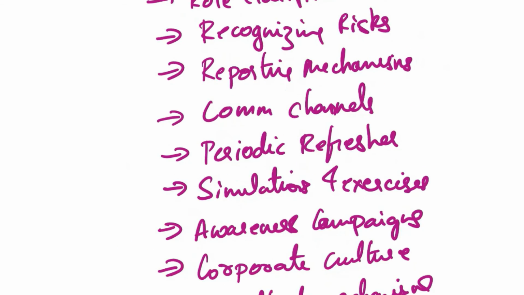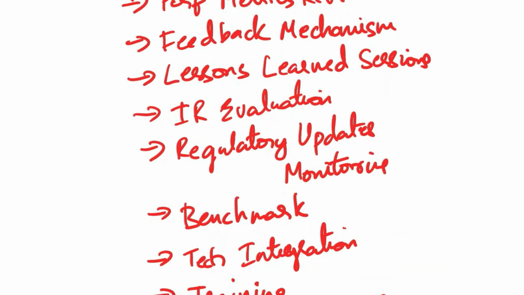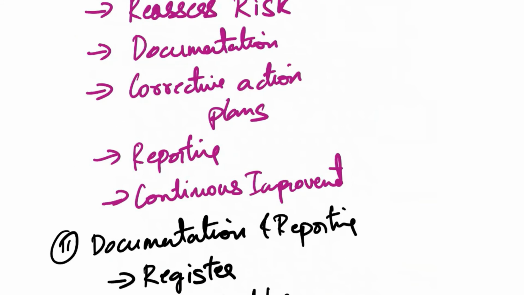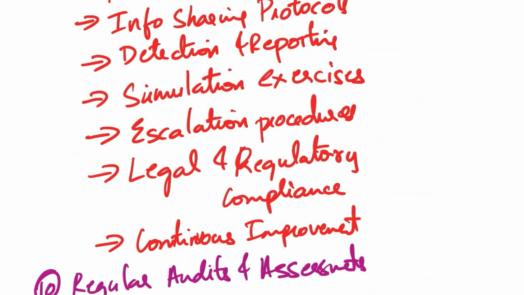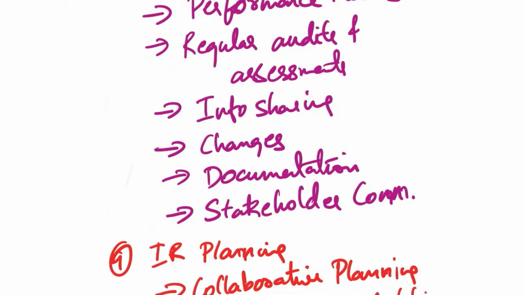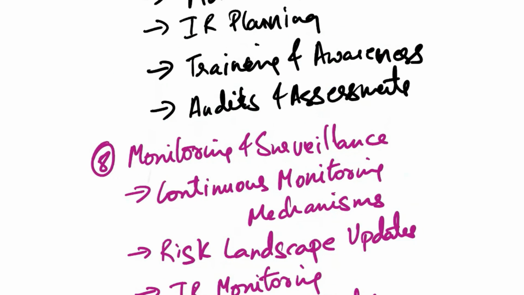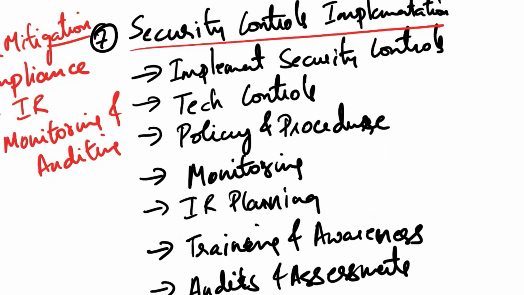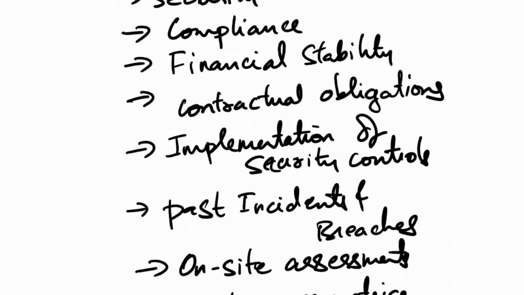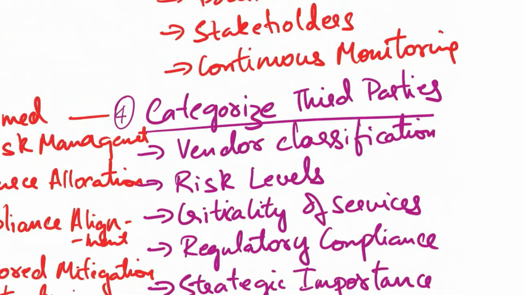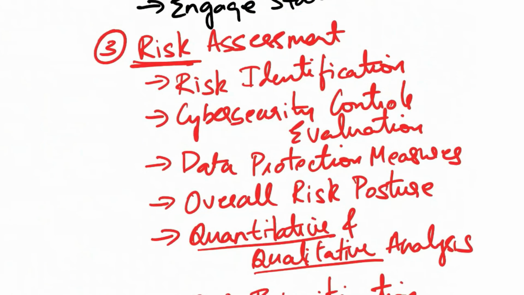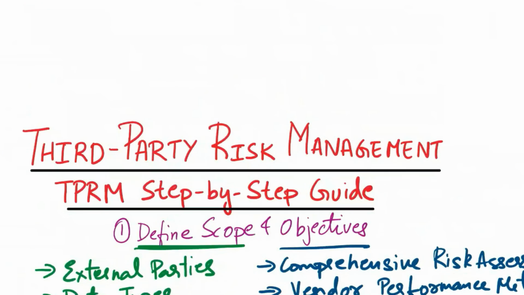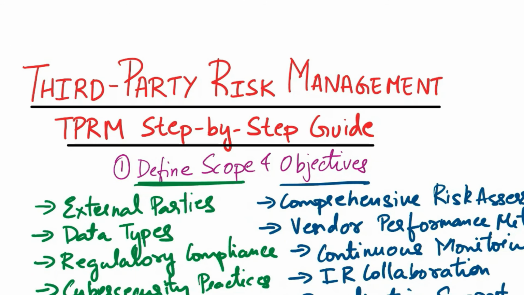So, these are the steps or key aspects of TPRM, that is the third party risk management process. Remember that third party risk management is an ongoing process that requires regular attention and adaptation to evolving threats and business relationships. Regularly communicate with third parties to maintain an open dialogue about security expectations and concerns.